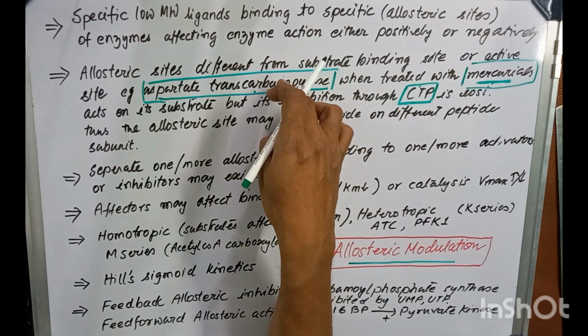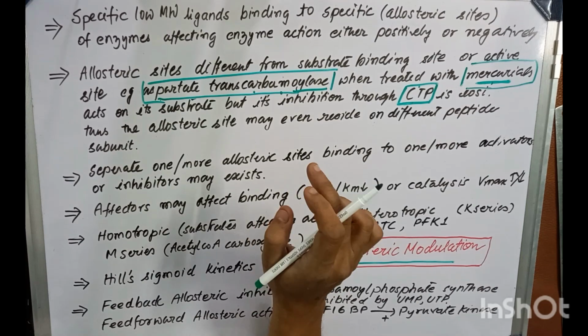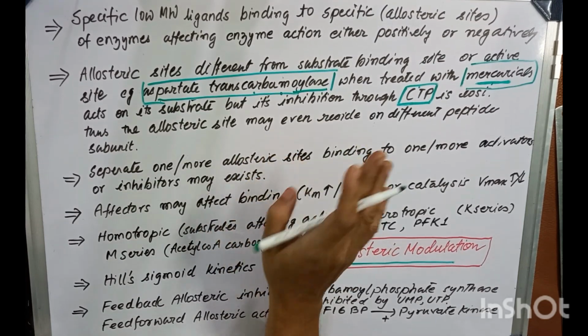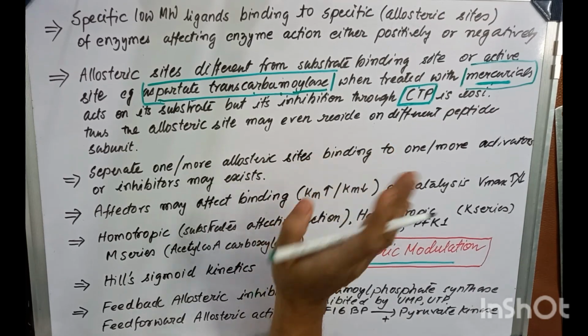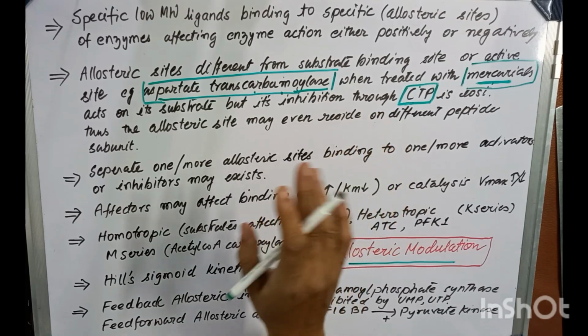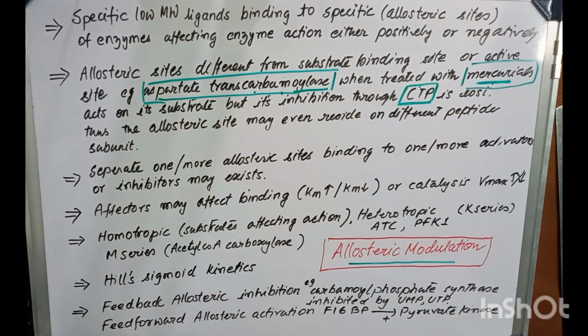CTP will no longer inhibit it, and the enzyme can still act on its substrate. But the inhibition goes away. So by this we can say that allosteric sites are different from the substrate binding sites.